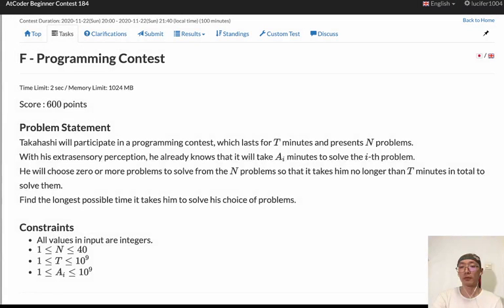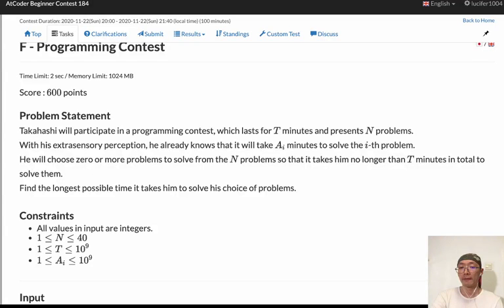Problem F, programming contest. So the description is simple and direct. Someone will participate in a contest, and the contest lasts for T minutes, and there are n problems.